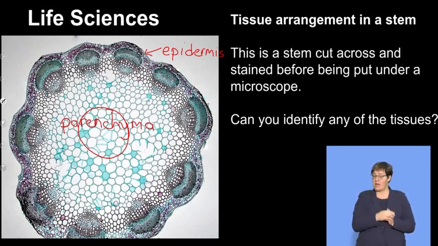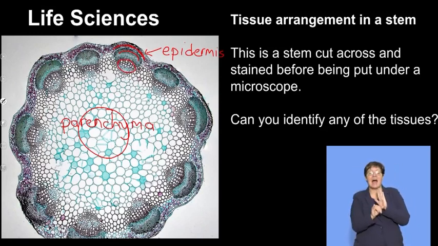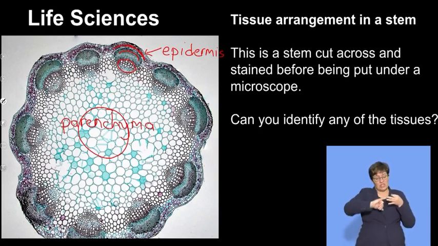Remember, the darker the color, as we see there, that shows that the cells have got thick walls. There, the color is also dark, so those are cells with thick walls. If we look here, these cells also have thick walls. And if we have a closer look, we're going to be able to identify which of the cells with thick walls they actually are.